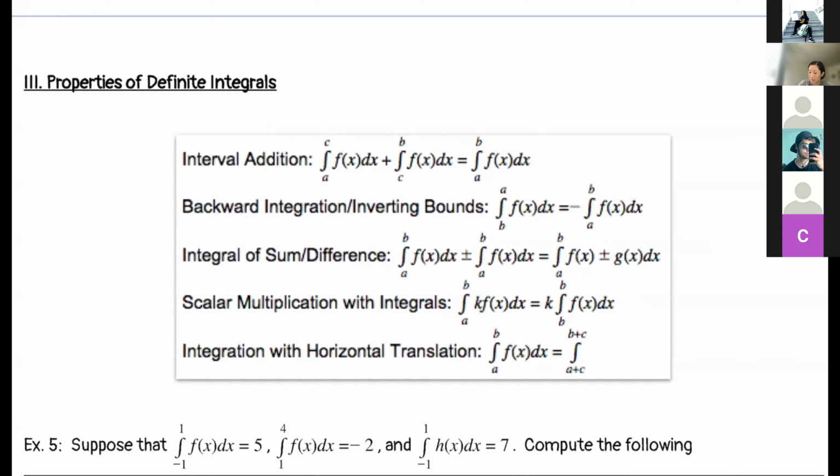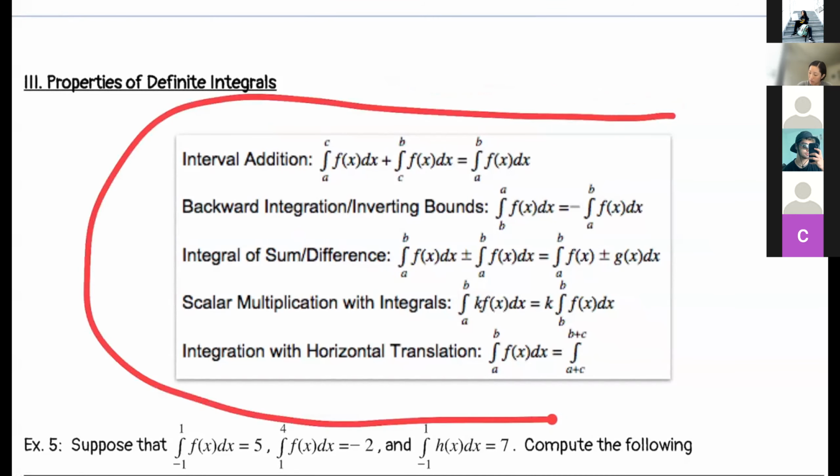So we have this list of properties, okay? This list of properties. And sure, you can memorize them, right? What happens when you forget them though? And also knowing that Judy likes to ask questions about the concepts behind things, I think it would probably be valuable to think about where these concepts come from and how they might look in a picture, okay?